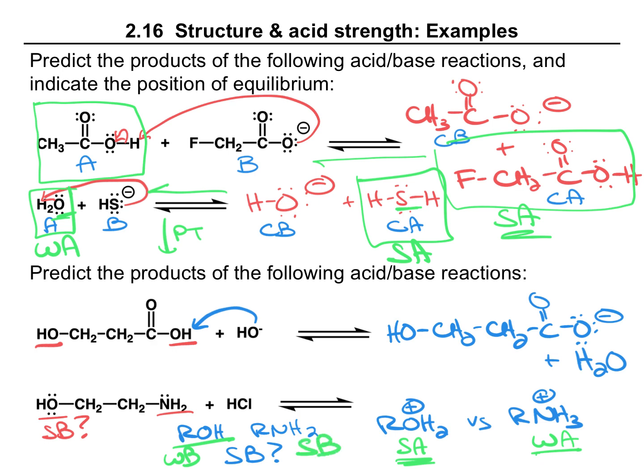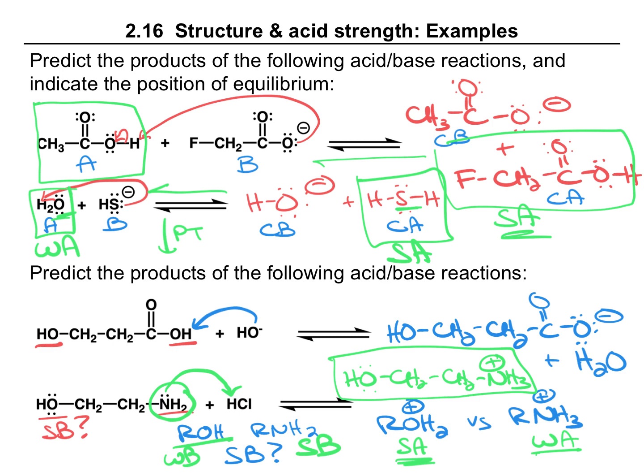So in this molecule, this is going to be the stronger base. So when this molecule reacts with HCl, this is going to grab the proton. And that will give us this as the conjugate acid, as well as Cl minus.